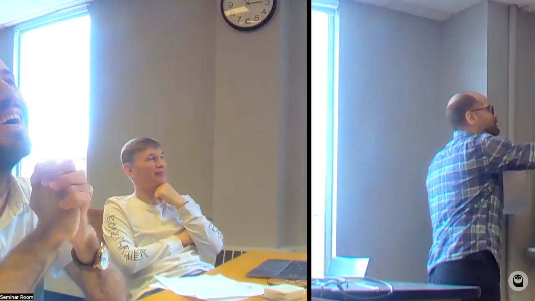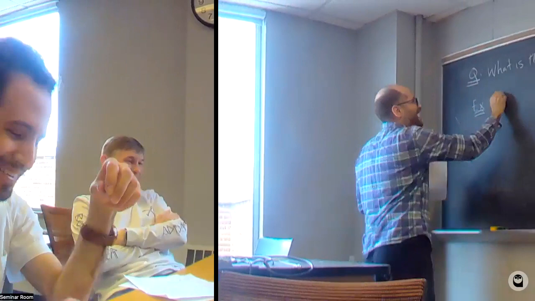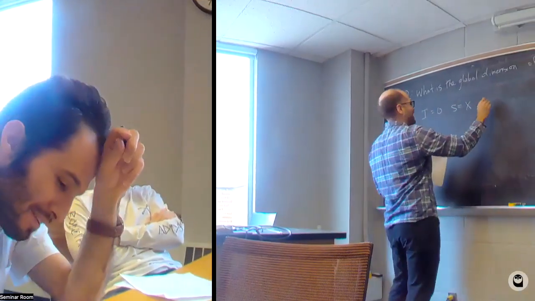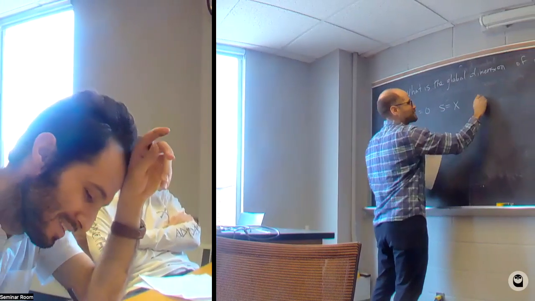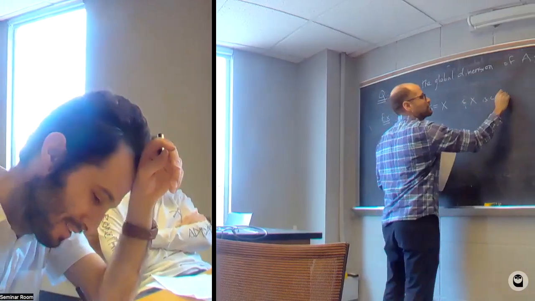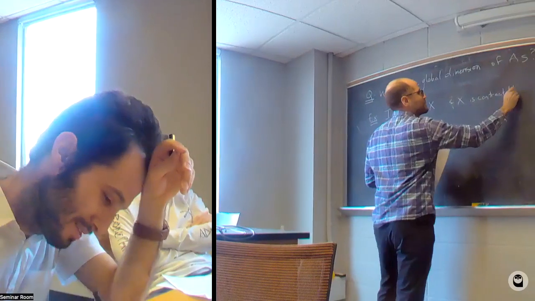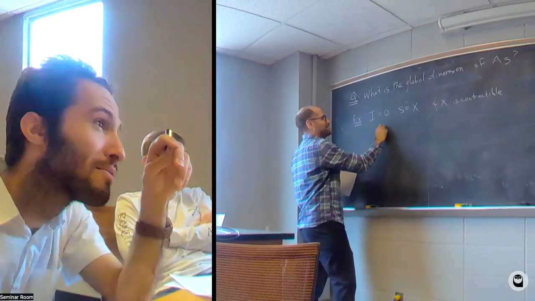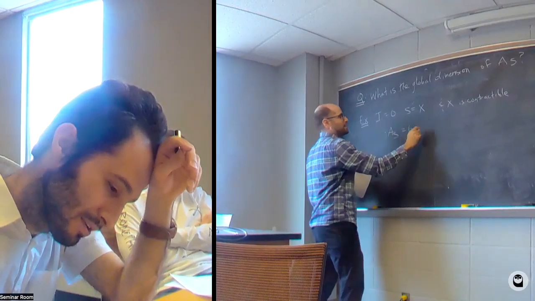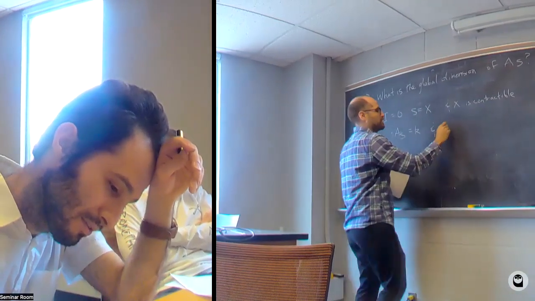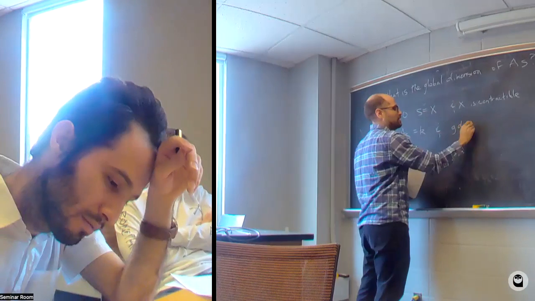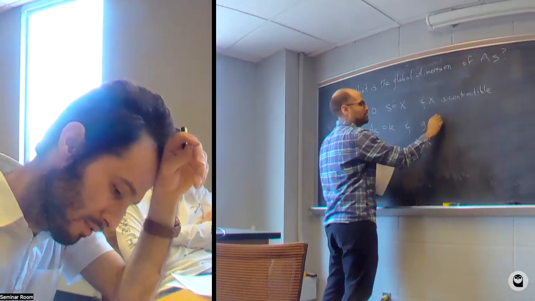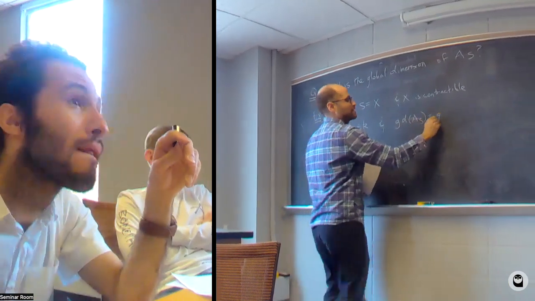So I'll do an example. I equals 0, n equals x, and x is contractible. And the global dimension: then AS equals K, and the global dimension is the global dimension of K, which is 0 if your field is a field.